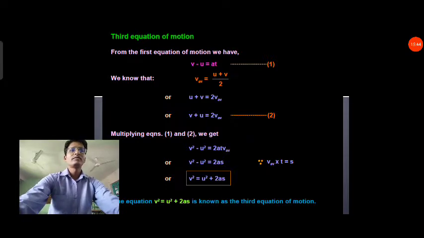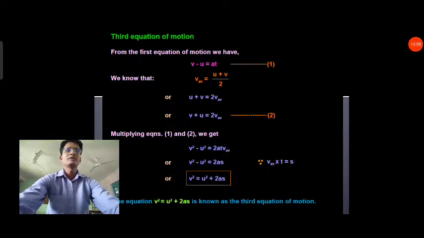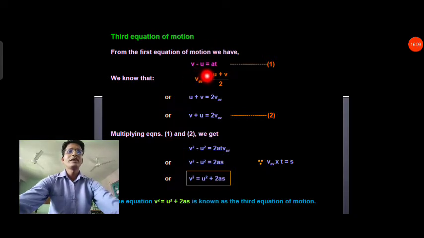We have derived the first equation of motion, v is equal to u plus at, or you can write directly at is equal to v minus u. If you want at, then you can write v minus u is equal to at.